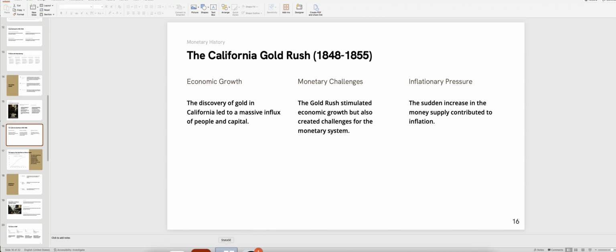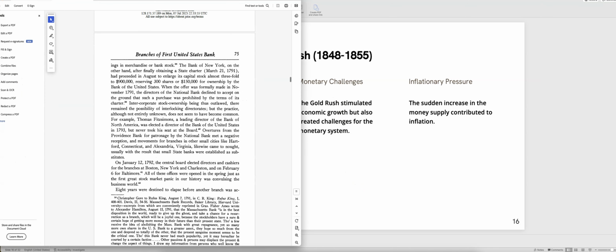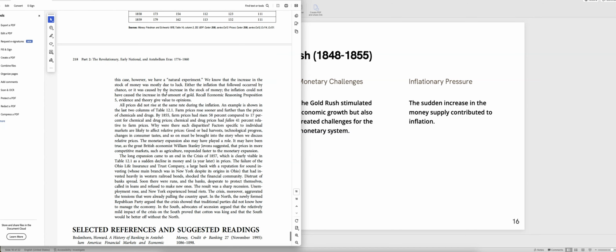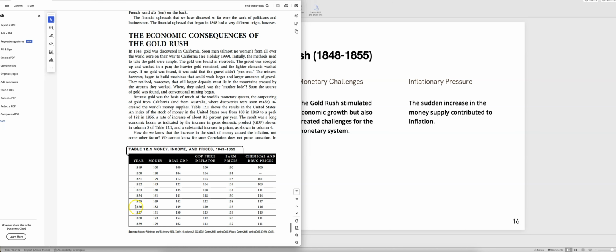And you can see this actually in the book. Let me go back to the chapter. You see this here, in the years of the gold rush between 1848 and 1855, in terms of overall prices, you get prices increasing 17% in 7 years, from 1849 to 1855.